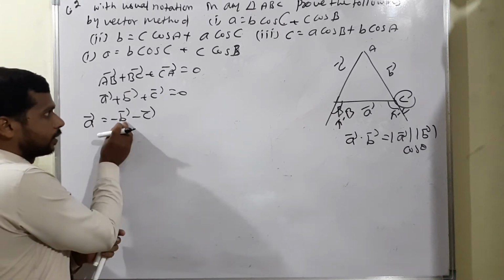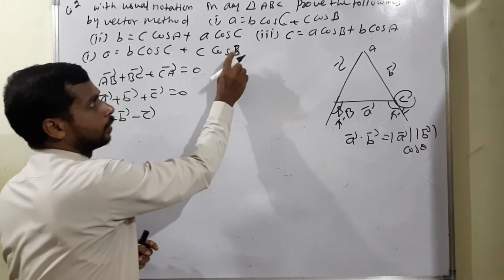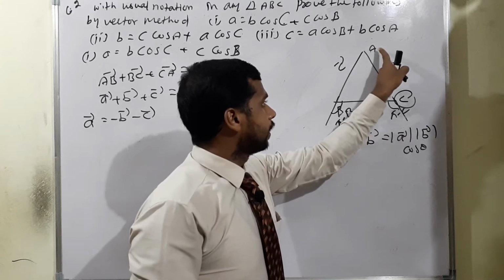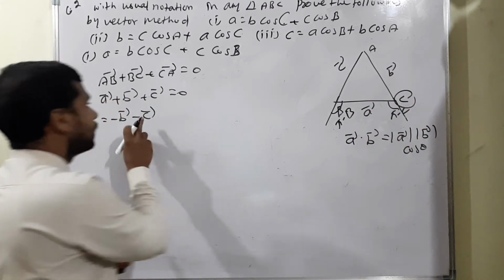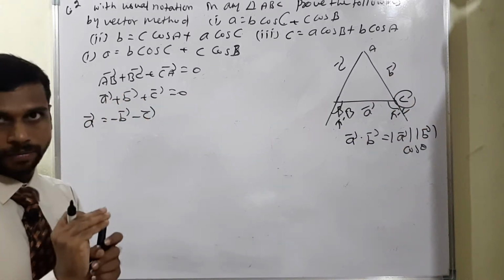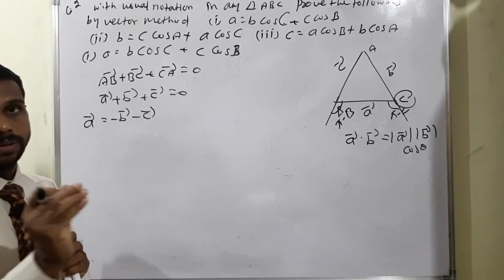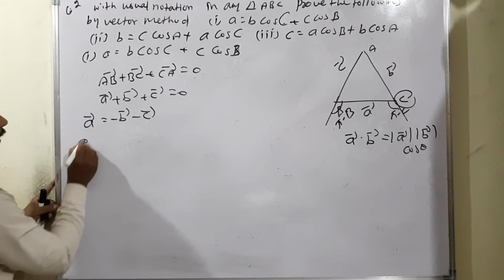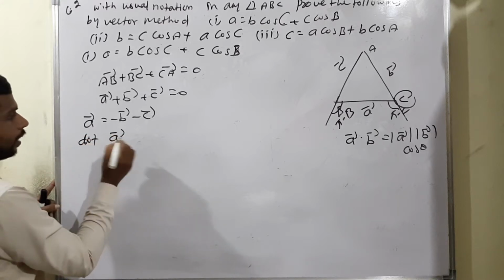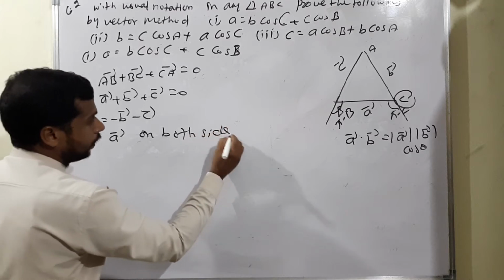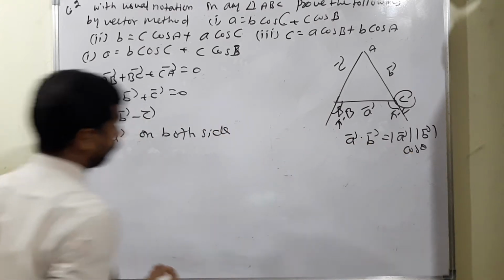Then in the second term angle B is there, which means we need A vector dot C vector. Already C vector is there, just add A vector. So on both sides we just add dot A vector. Then only we can get it in theta form.